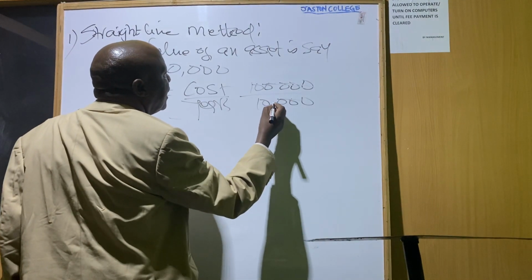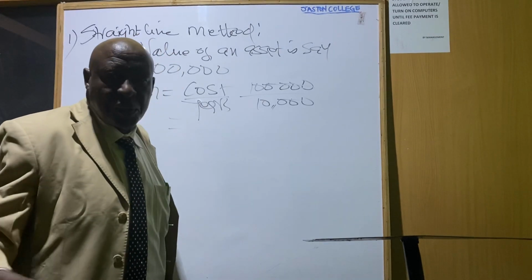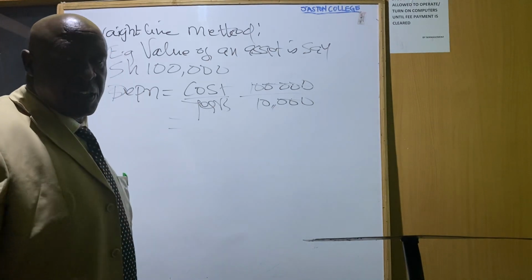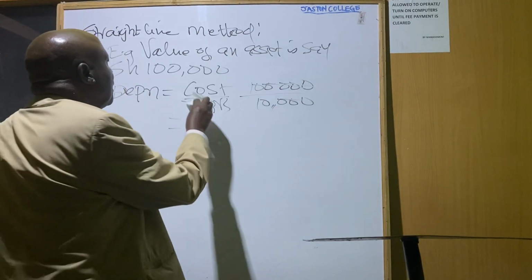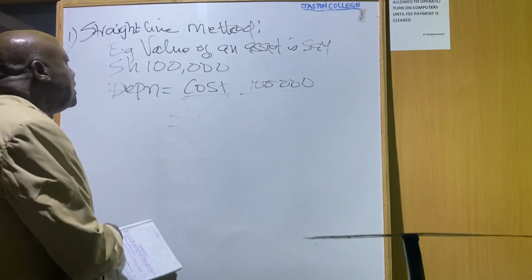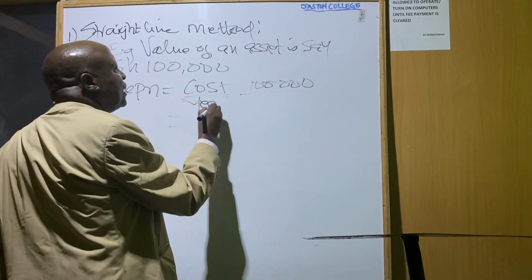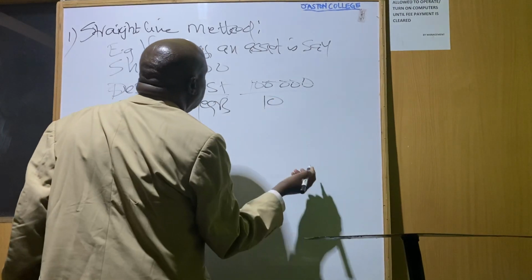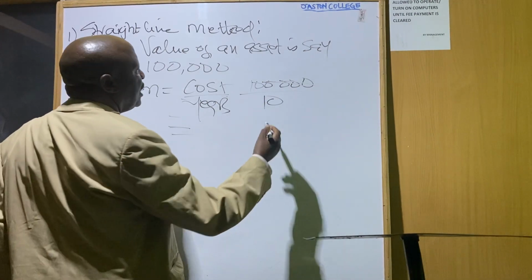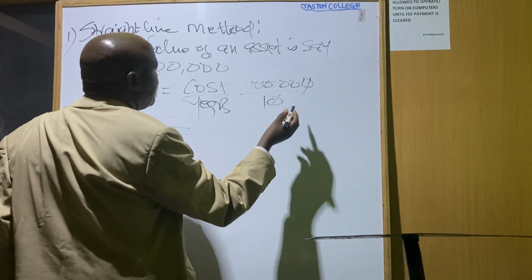So the cost over the number of years, we divide by 10.